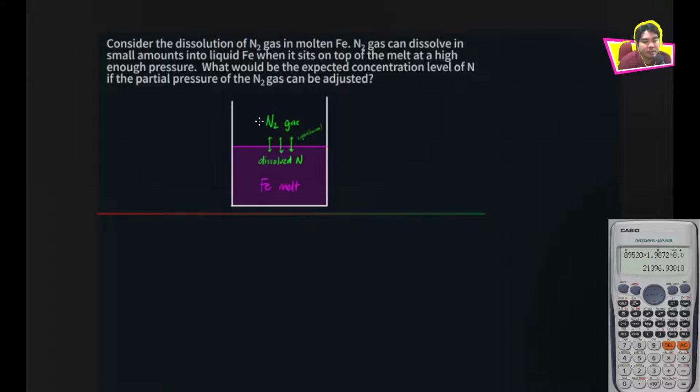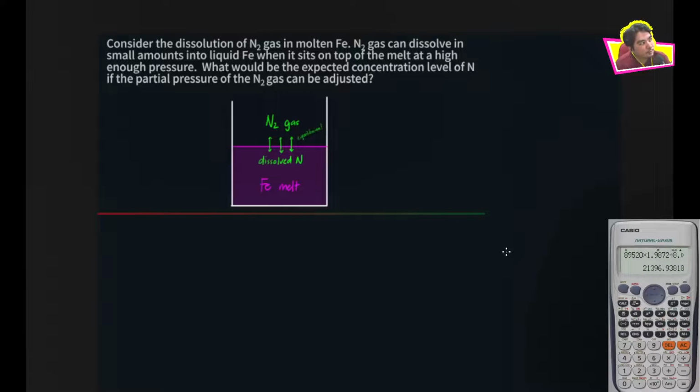Usually nagagamit natin itong pag-dissolve ng N2 gas into the Fe melt if you want to produce yung medyo hard na type ng alloyed steel na medyo matigas, kasi formation of nitrides actually produces very hard na metalloids, or what do you call that?